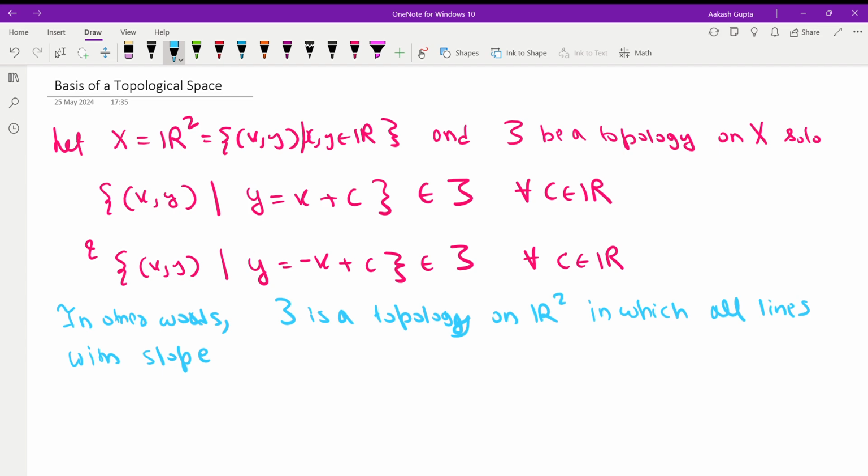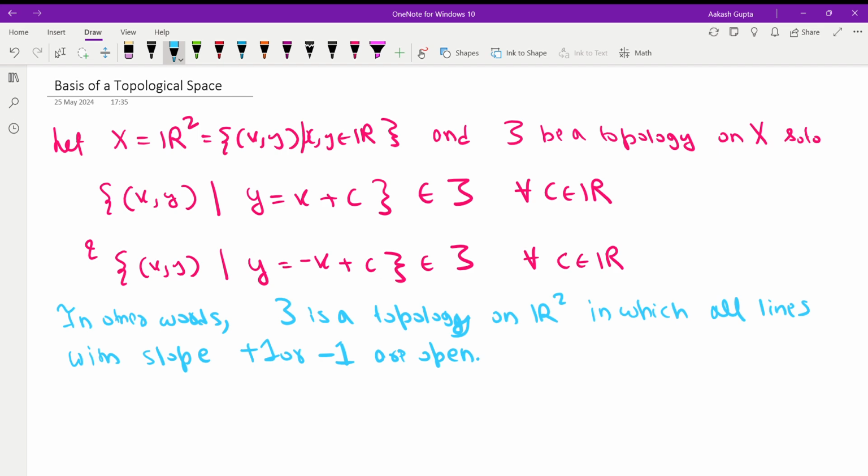You can see it in the Cartesian geometry chapter of NCERT if you are an Indian student, or in any standard from 8th to 10th class if you follow international boards. So all lines with slope plus 1 or minus 1 are open in this topology.